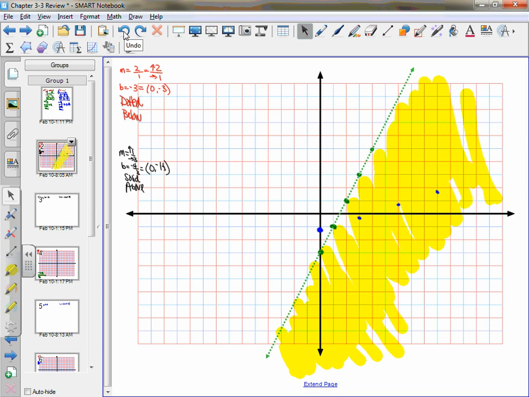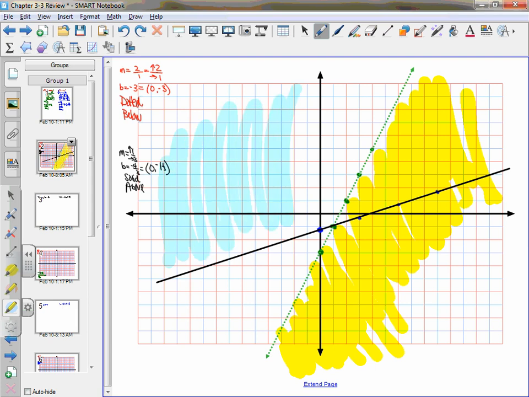So now I'm going to go ahead and connect that with a solid line, extending it. And where do I shade on that one? I'm going to shade that one above because that's what it says to do. And here's my line. So here's my shade.